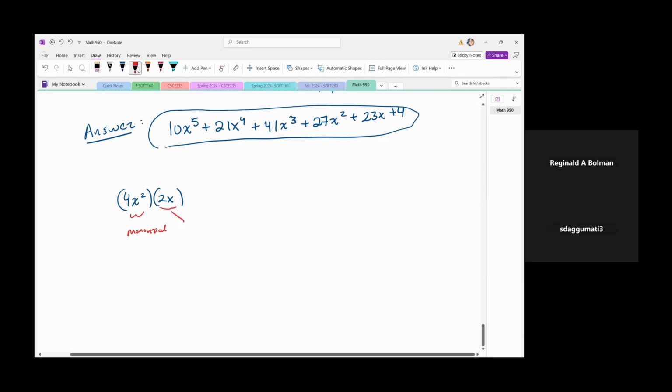And this term here is also a monomial. And it turns out that when you are multiplying monomials with monomials, the laws of exponentiation kick into play. So that is what we are going to now look at together.